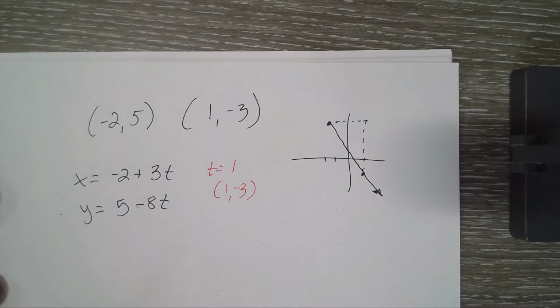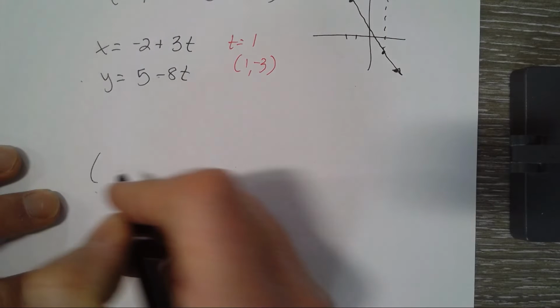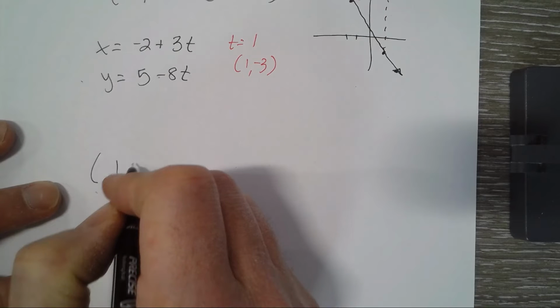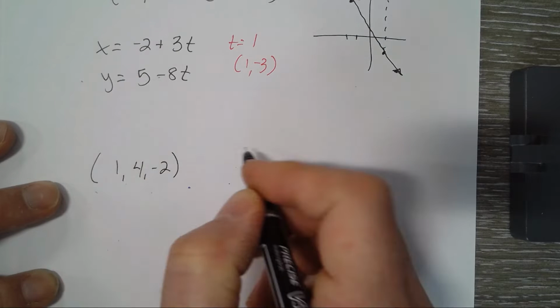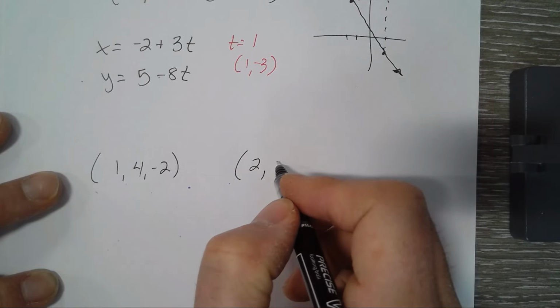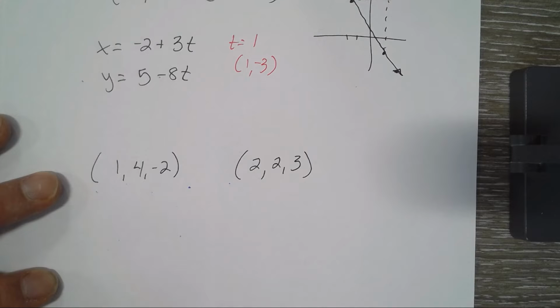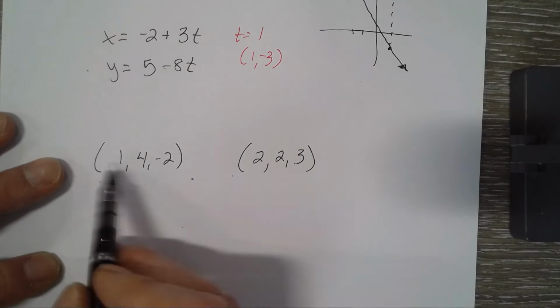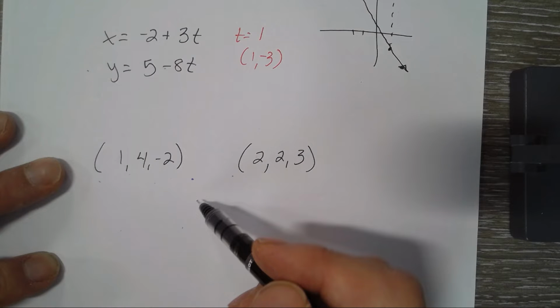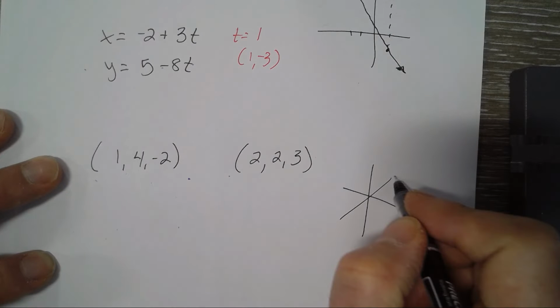So then in 3 dimensions, if I just started at 1, 4, -2, and it goes to 2, 2, 3, something like that. We just set up our horizontal, our vertical, and then our z component, in 3 dimensions, like that.